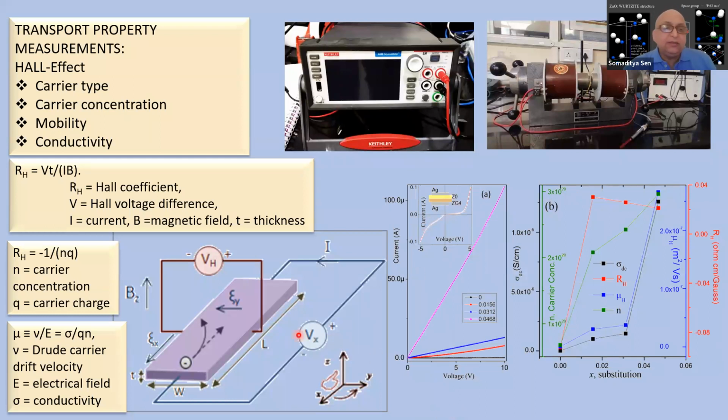Okay? Now, the mobility factor and the conductivity are all derived from these electrical measurements, and that gives us an idea how the dopant has changed the material's transport properties. Okay, here you can see that the sigma value has changed.